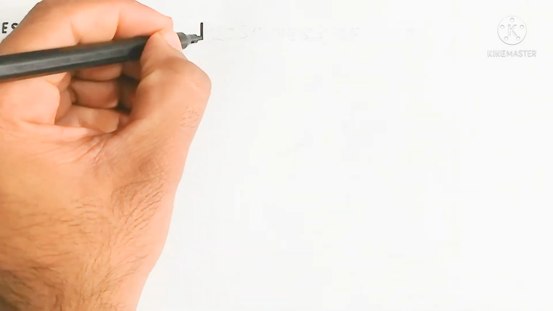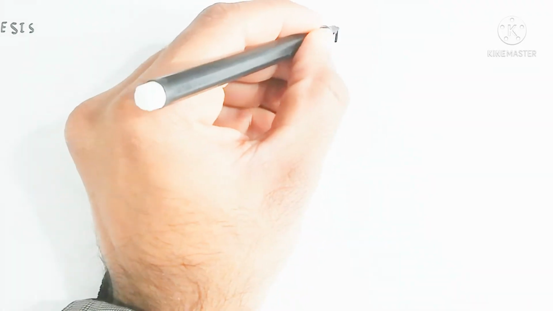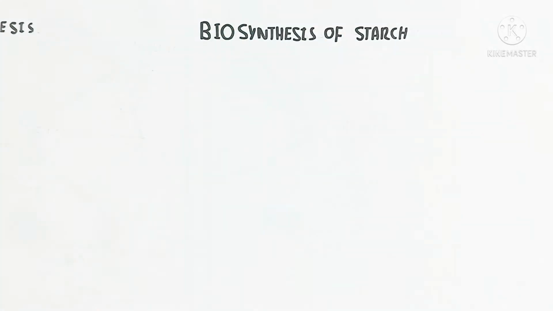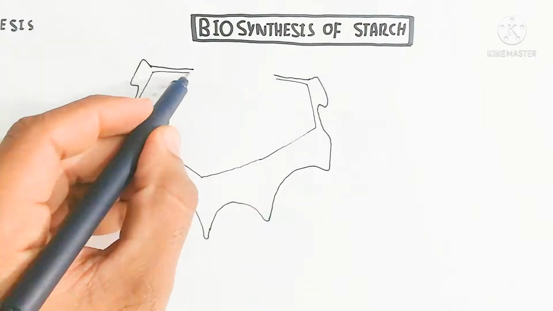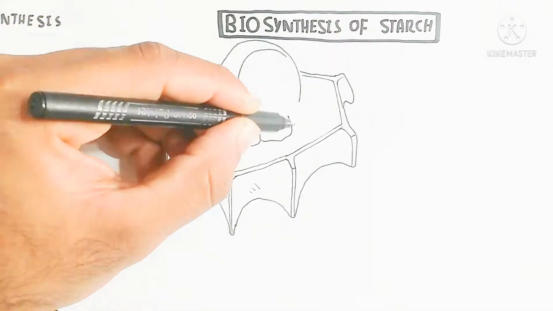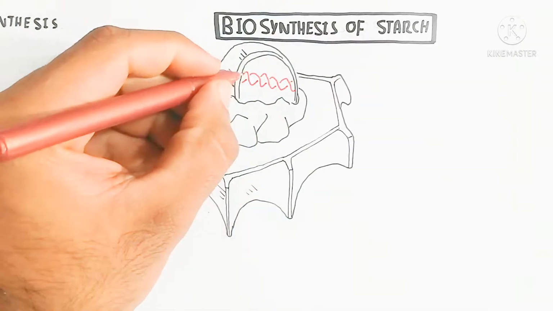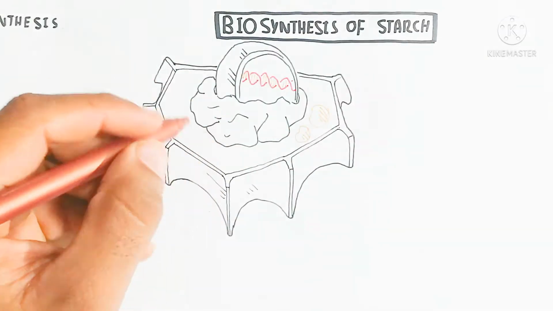Next we are discussing the biosynthesis of starch. The kinase enzyme converts the triose to fructose 1,6-bisphosphate, which has the same structure and can move toward glycolysis.